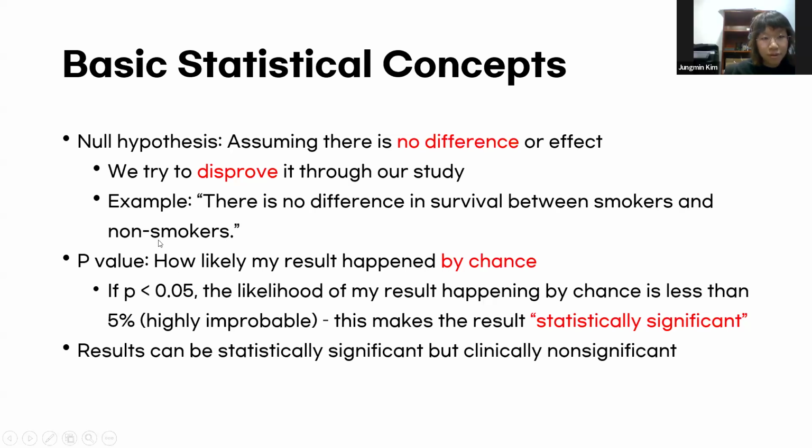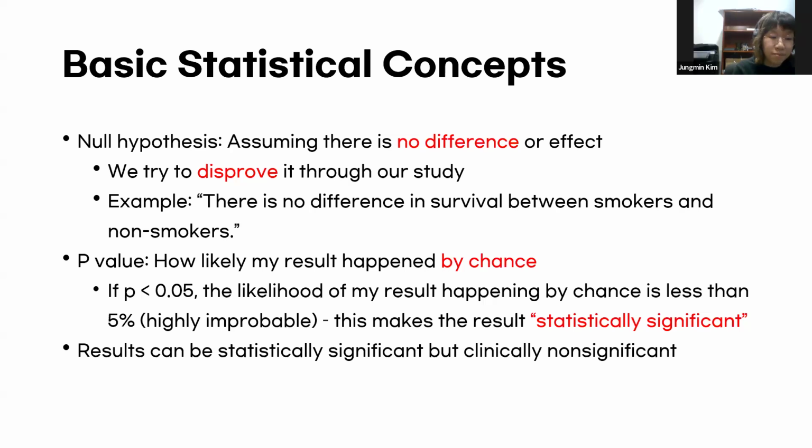That's the p-value. The p-value means the probability that my result happened by chance. If p is lower than 0.05, we usually say that the result is statistically significant, meaning that there is less than a 5% chance that the result happened randomly. But a result can be statistically significant and still be clinically meaningless.